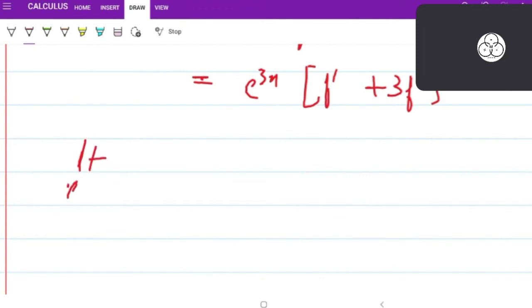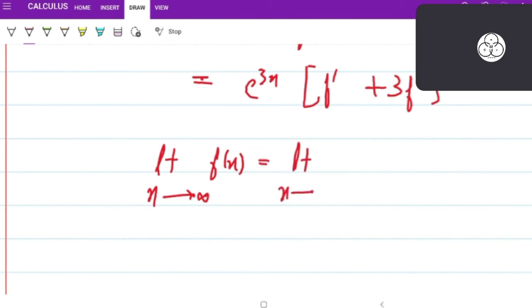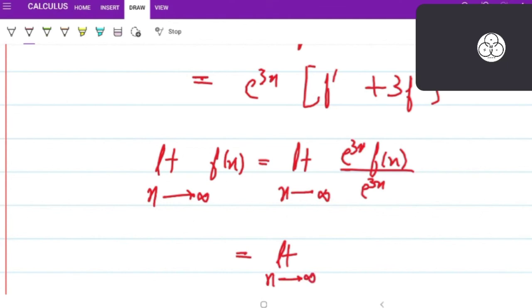Limit x tends to infinity of f(x) is the same as limit x tends to infinity of f(x) times e to the power 3x over e to the power 3x.